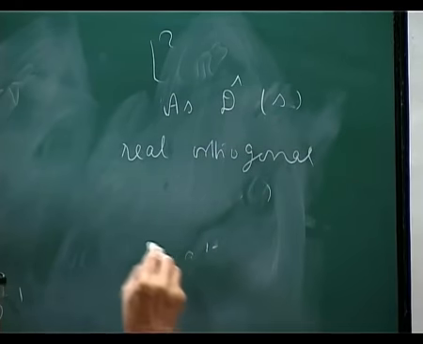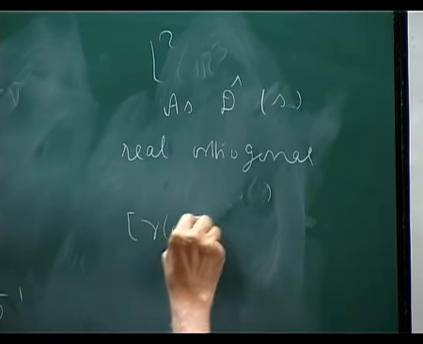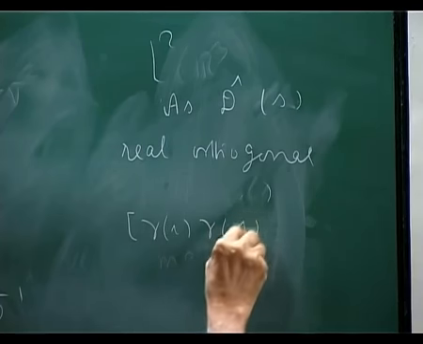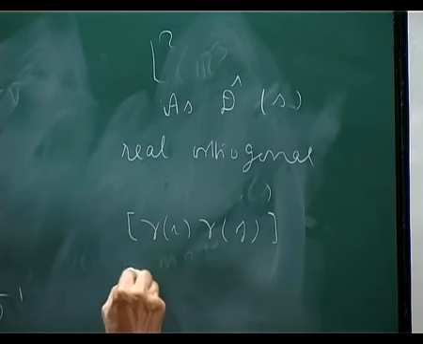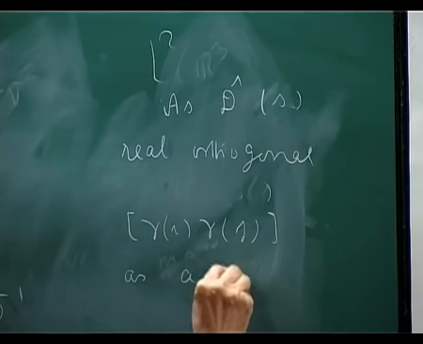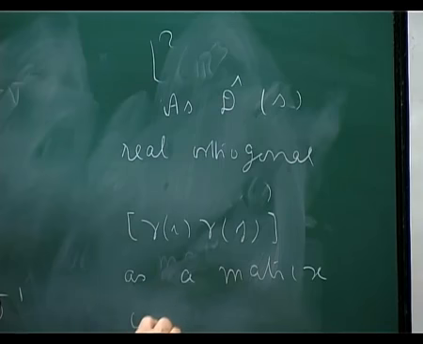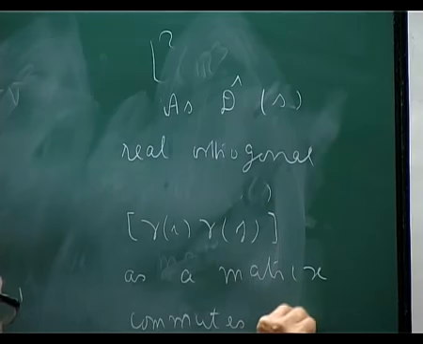I find that this object here, this matrix gamma i gamma j, as a matrix commutes with d hat of S.